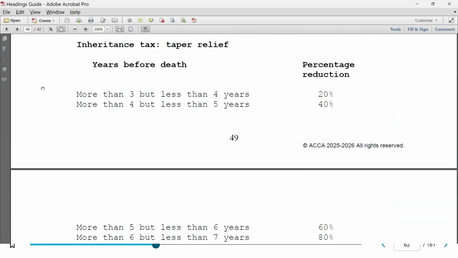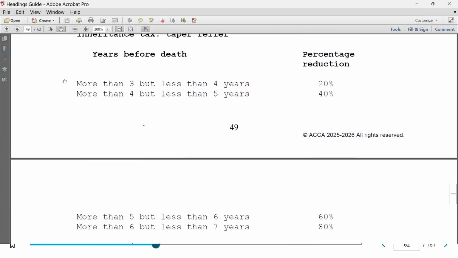When the person has died and the time that has gone after giving the gift is more than 3 years, but less than 4 years, it is 20%, which we have used. If it is more than 4 years, but less than 5 years, it would be 40%. More than 5, but less than 6, 60%. And then more than 6, but less than 7 would be 80%. So this is the relief which is available.